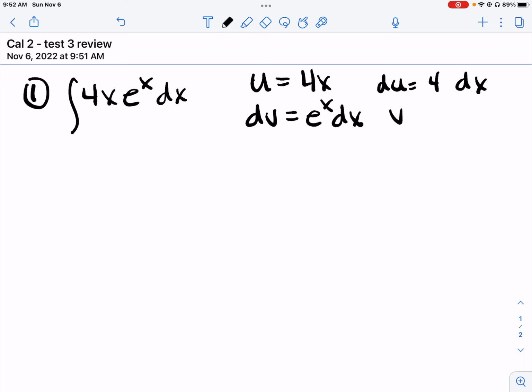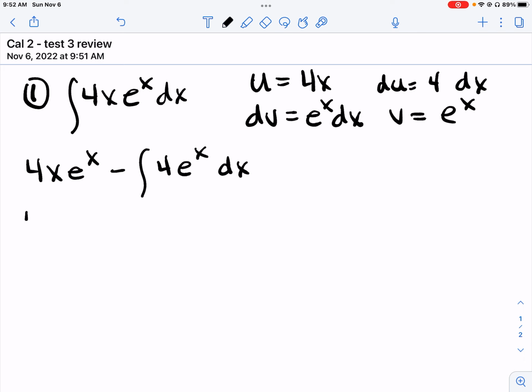Integrate to get v. dv means the derivative. The integral of e to the x is e to the x. Okay, now the formula is u times v minus the integral of v times du. The integral of e to the x is e to the x.